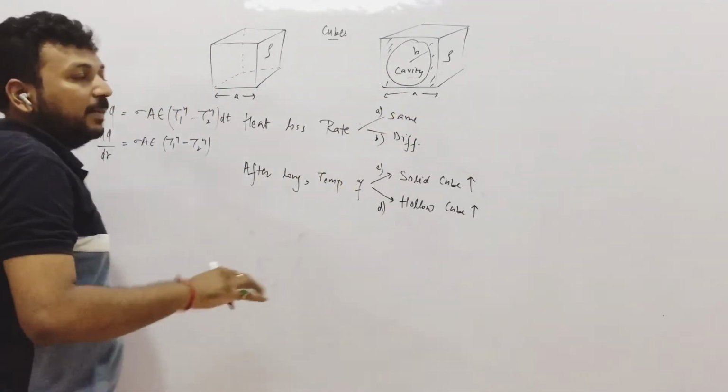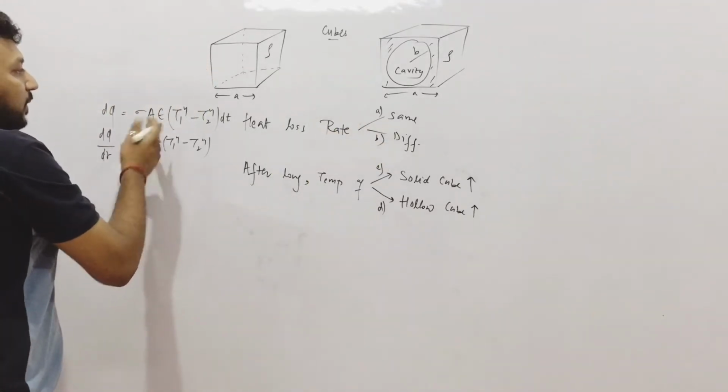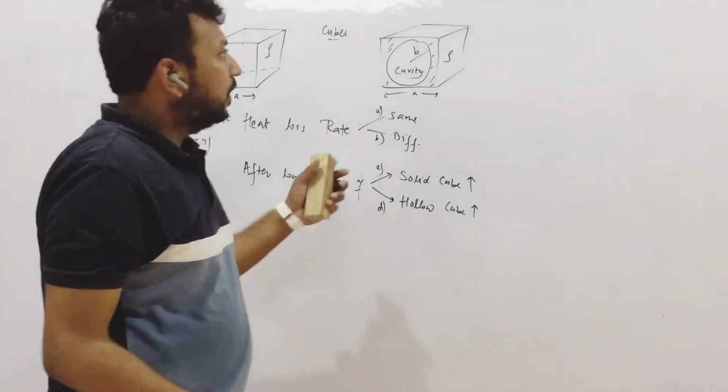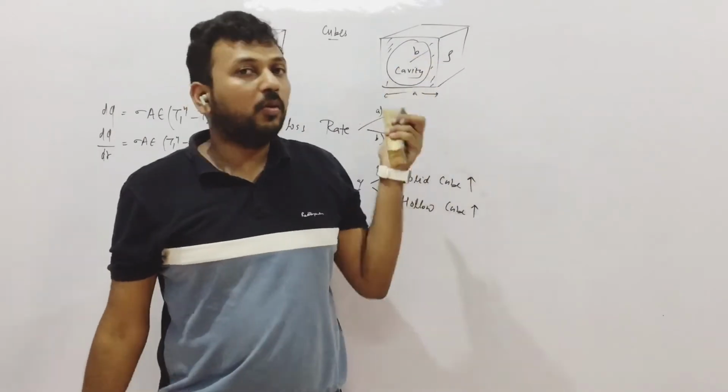T1 is the same. T2 is the temperature of the surroundings, that is the same for both. Sigma and emissivity are the same for both. Talking about area, heat is coming from the surface only. The cavity has no role to play here.